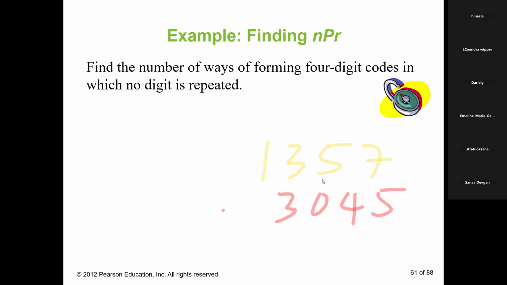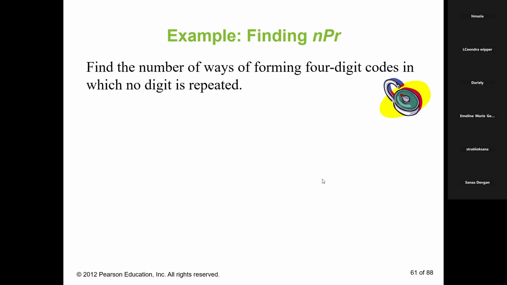But you need to know again 4. Now, how many digits are there? How many digits are there? How many? No. You need to choose among the digits 4.